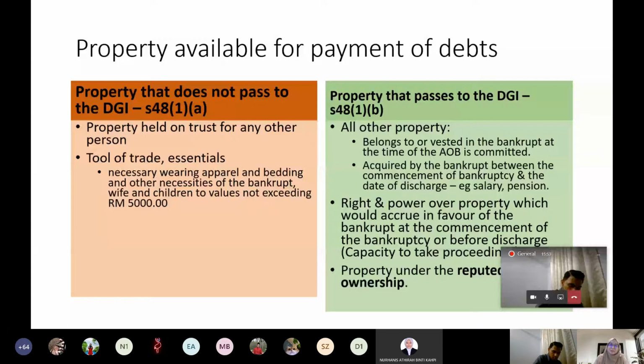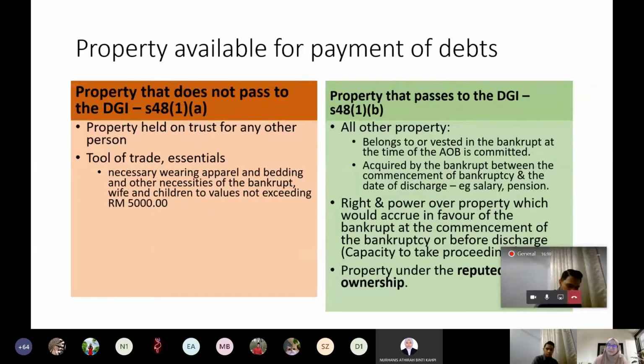Okay, so all of the property which is acquired from the date of the bankruptcy order up to the date of discharge from the bankruptcy order, later we will learn about discharge of the bankruptcy order, those properties will also vest to the DGI.